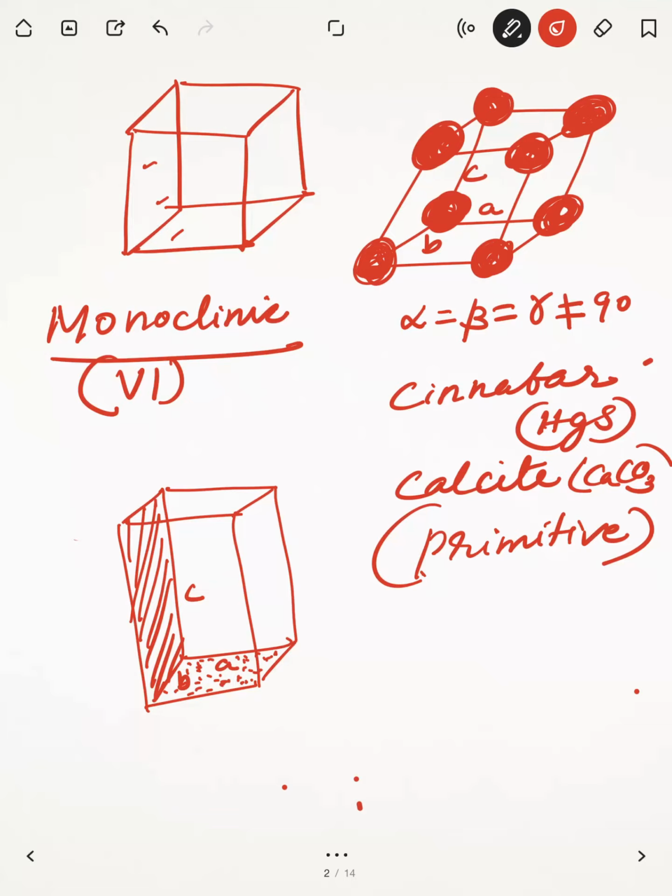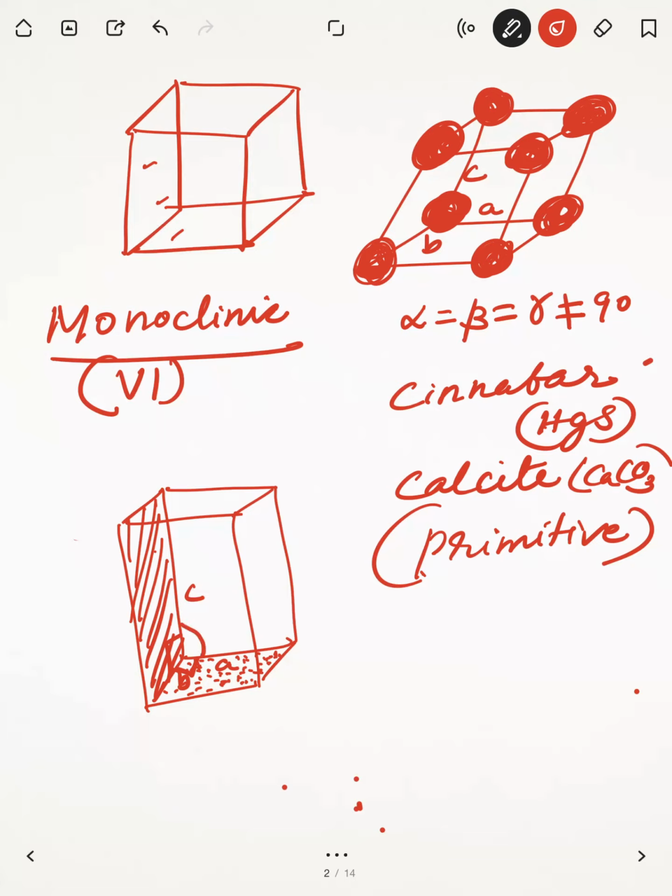The dotted rectangle is 90 only. The side which is dashed is just turned. Again this angle is 90 only, that is not changed. Which angle is changed? This angle, that is beta, is not 90 now.